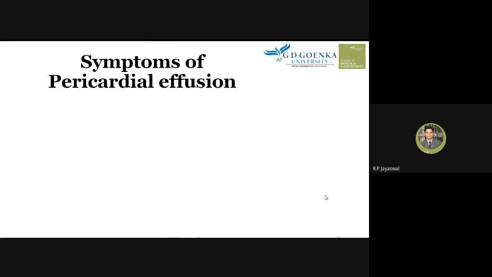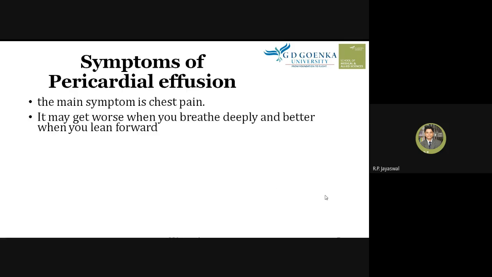What are the symptoms of pericardial effusion? The main symptom is chest pain. Chest pain is the hallmark of pericardial effusion. The patient always feels chest pain. It may get worse when you breathe deeply, and better when you lean forward.